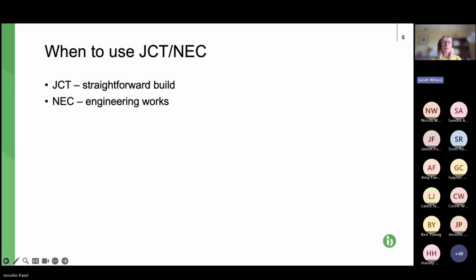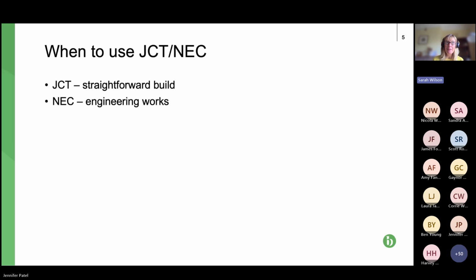Yeah, so we do actually have a webinar and seminar, I think either next month or the month after, so October or November, looking at differences between JCT and NEC in terms of the risks and how they work. Fundamentally, where you would use a JCT would be what I would call straightforward build.